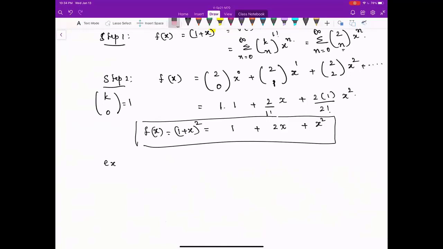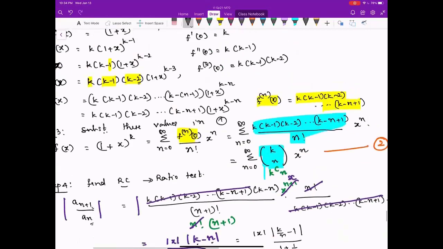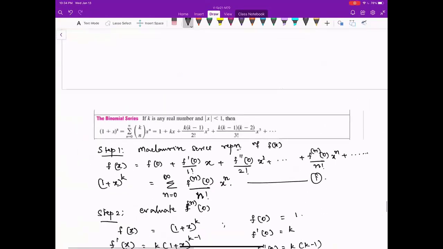Number 31 from the suggested exercise. What does it say?